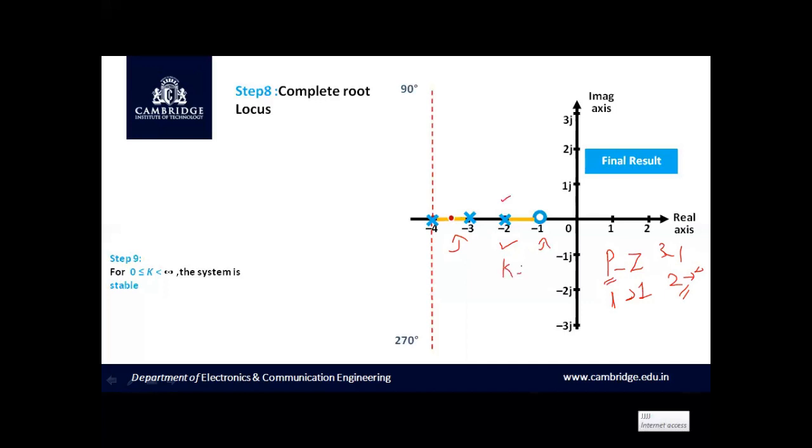Exactly when k is equal to 0, its location is at -2, and for the zero at a location s is equal to -1, its exact location is in this position when k is equal to 0. And when k increases, this pole will be moving in this direction, and it reaches the zero exactly when k reaches infinity.